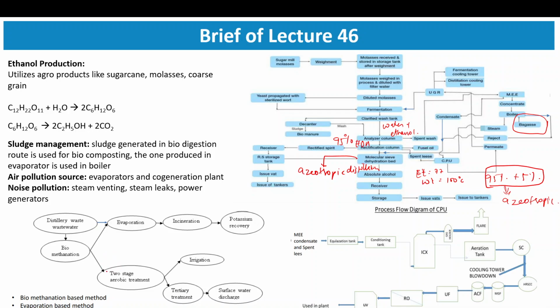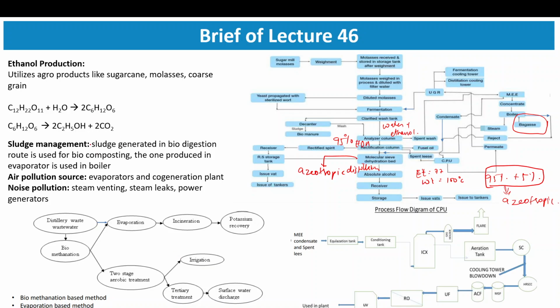So you can give aerobic treatment, which will easily degrade the contents, and later you can have some sort of tertiary treatment, and the sludge that is obtained you can further use for agriculture. And further, the water can even be used for irrigation, because it does not contain much harmful chemicals, right? So this is the general strategy for wastewater treatment.